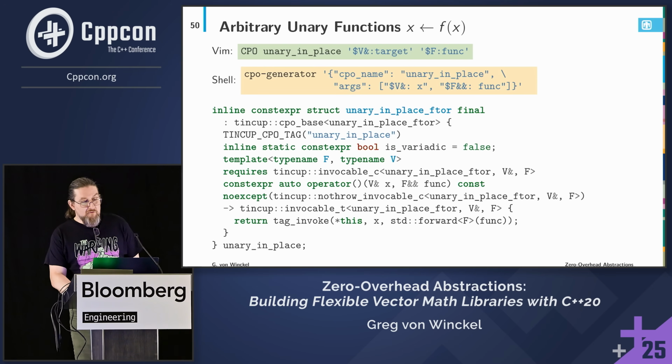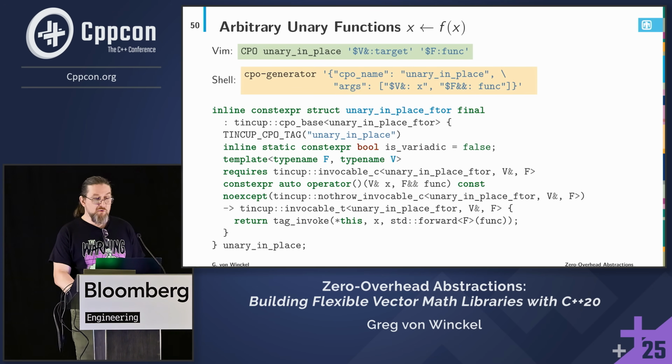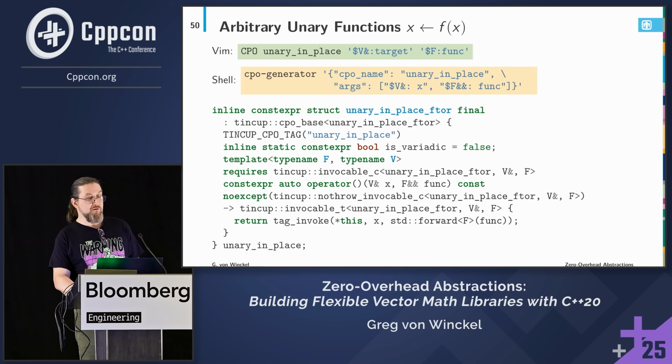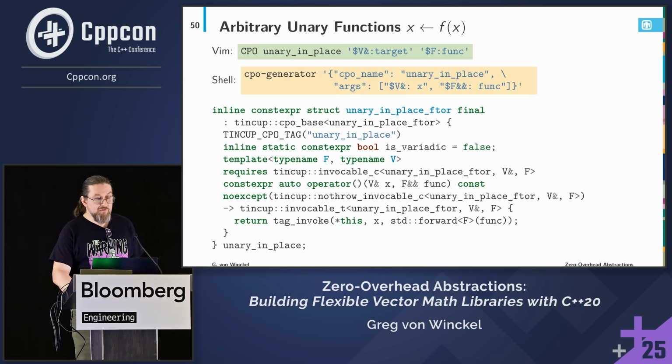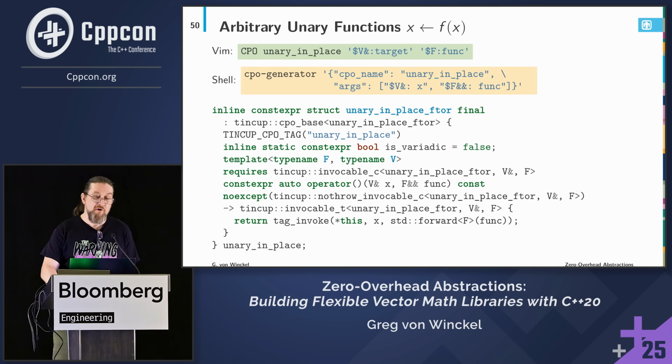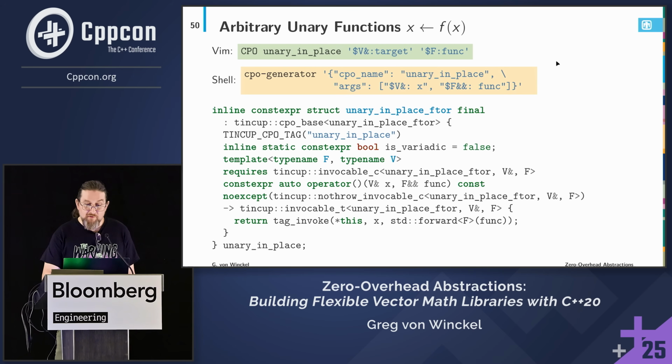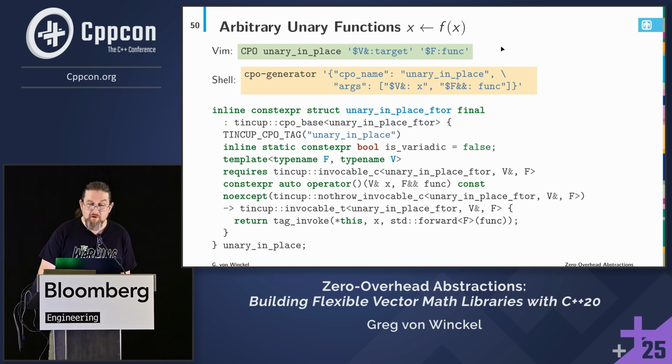All right. So yeah, if you want to do unary functions, you could also use the CPO generator here. So this would just take an extra template parameter, so another F, func, or possibly this actually should have a forwarding reference here.